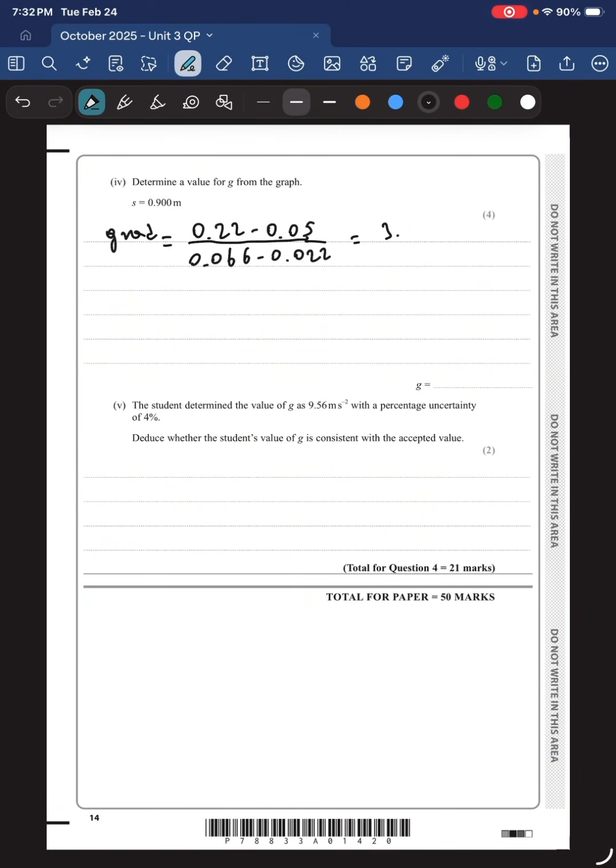So this is 3.86. And now G, as we said, is 3s squared times the gradient. So it's 3 times 0.9 squared times 3.86, which yields 9.39 meters per second squared. Okay, a little bit off, but not horrible.